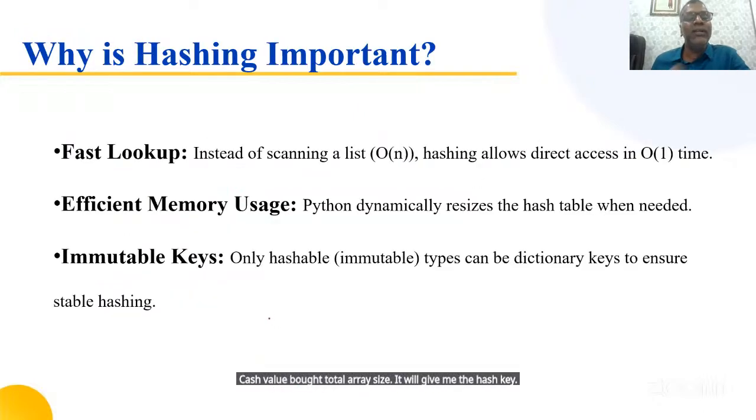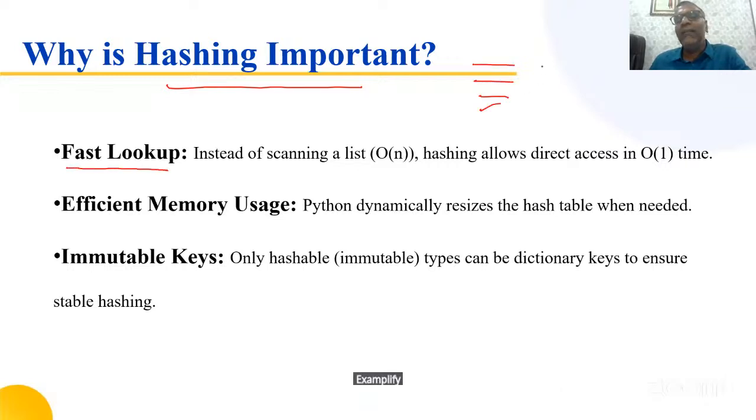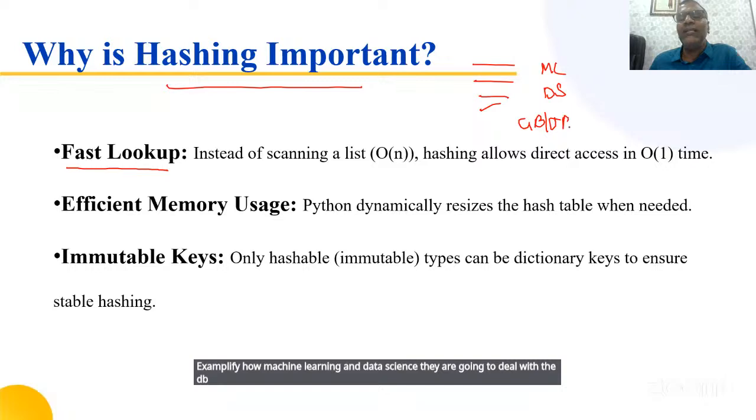Now, I will also discuss what is the purpose of hashing and why it is important for us. Hashing is used for faster lookup. For example, in machine learning and data science, we are going to deal with GBs and terabytes of data.